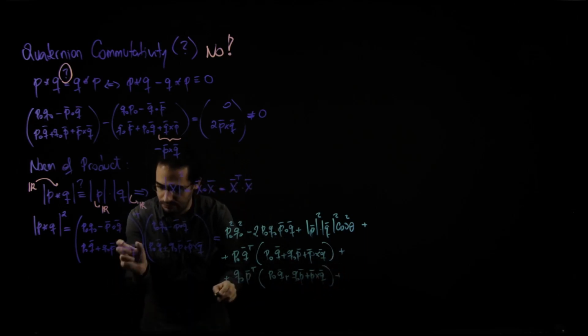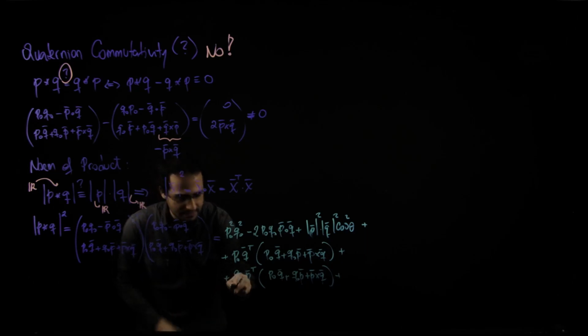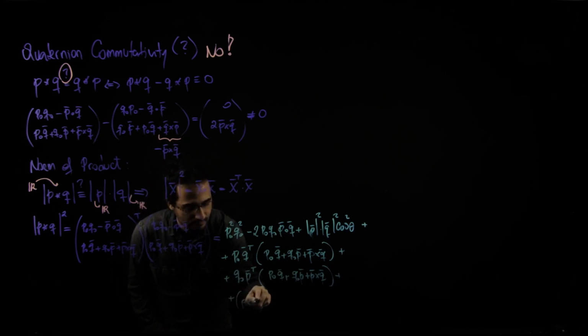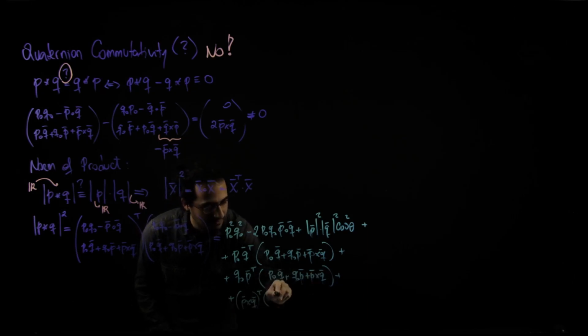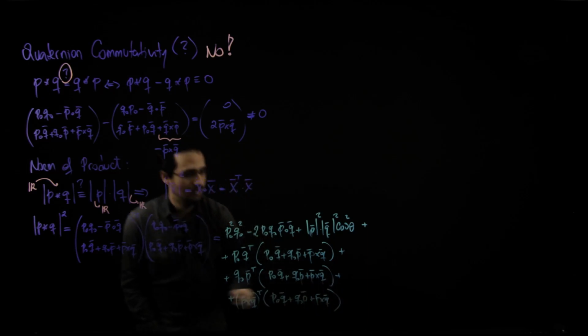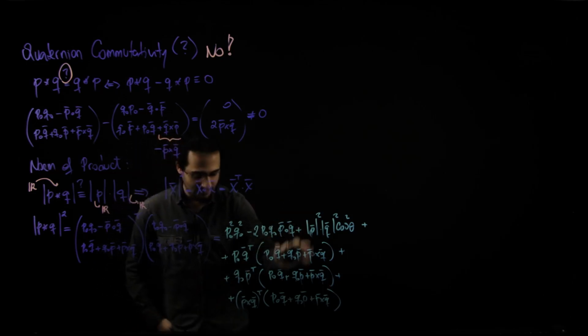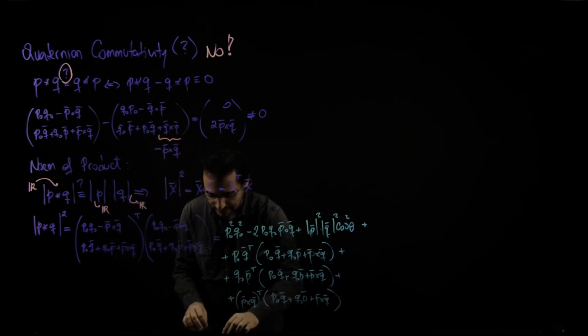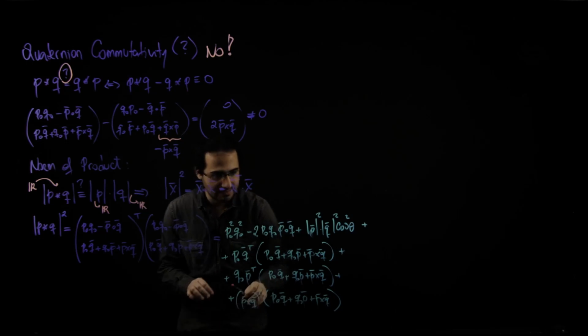Third term, transpose. So it's the transpose of this, times all of that. And now let's analyze each one of those terms, because some of them will cancel out and I want to tell you exactly which ones.